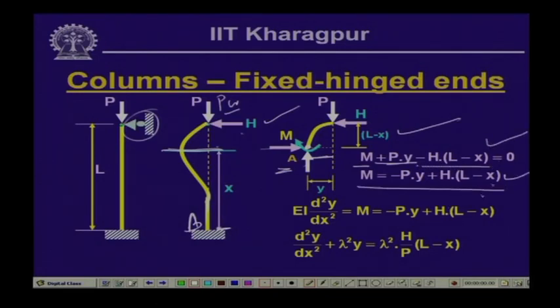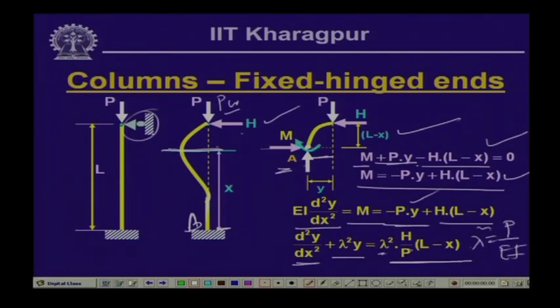This is the value of the bending moment M, and if we substitute here, we get EI d²y/dx² is equals to M is equals to minus P y plus H into L minus x. If we take this on the other side and divide by EI, we have d²y/dx² plus lambda square y is equals to lambda square H by P times L minus x, where lambda square, you keep in mind, is equals to P divided by EI.